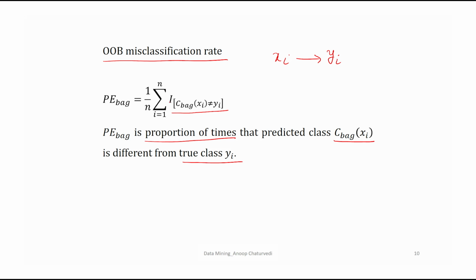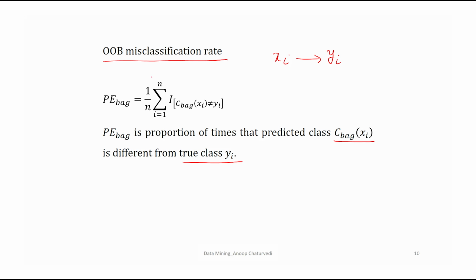This indicator function takes value 1 when a misclassification occurs, or when C bag xi is not equal to yi, and it takes value 0 when a correct classification takes place, that is, C bag xi is equal to yi.